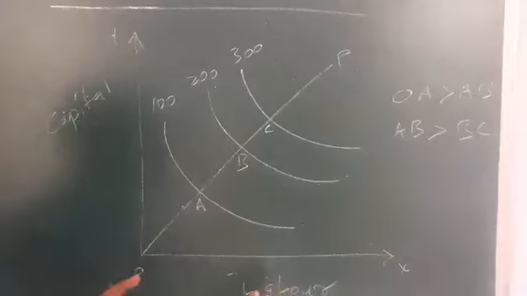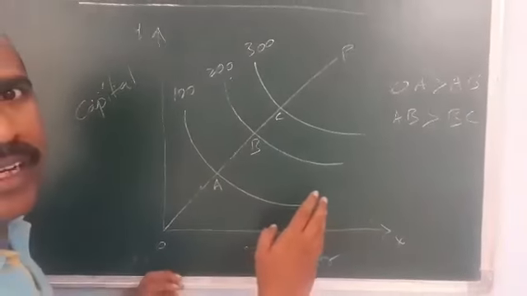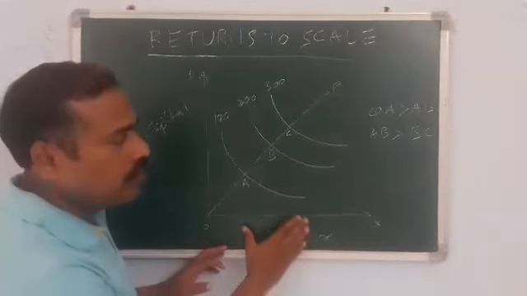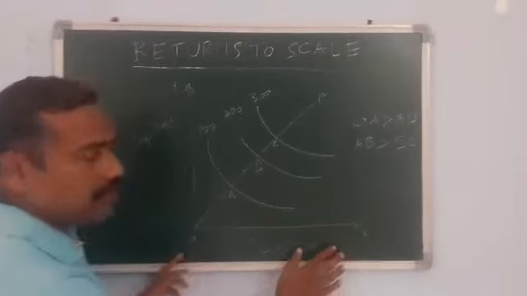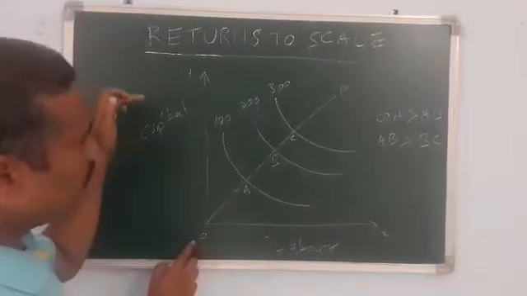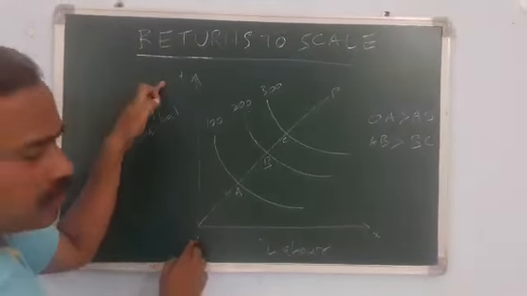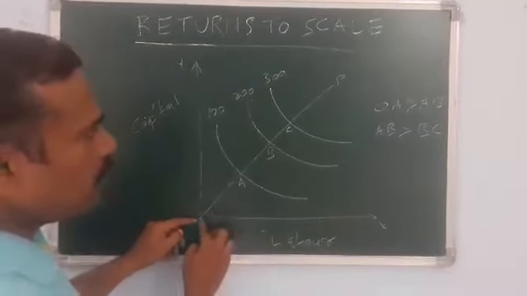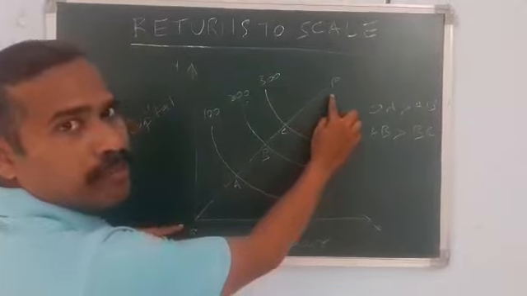Okay, how in the first stage we will get the production increase, we are going to discuss through this diagram. In this diagram we are taking labor on the x-axis and capital on the y-axis. So we are using these 2 production factors and we are going on the OP path.